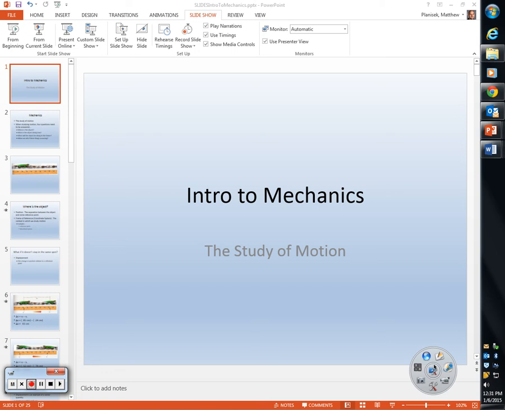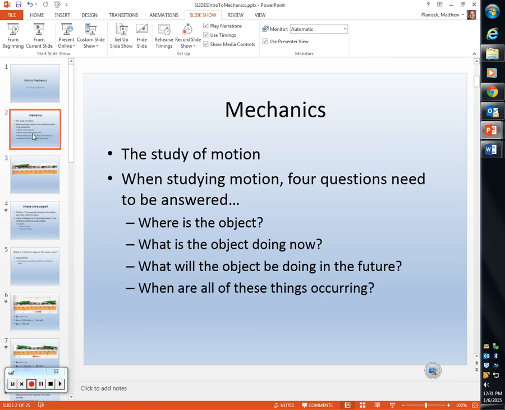That first question is, where is the object? And we learned yesterday that the answer to that question goes by what name? What do we call where is the object? Position, okay?